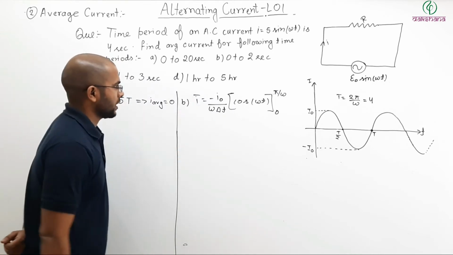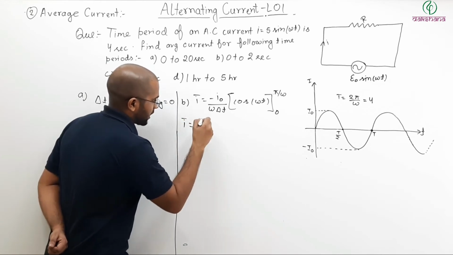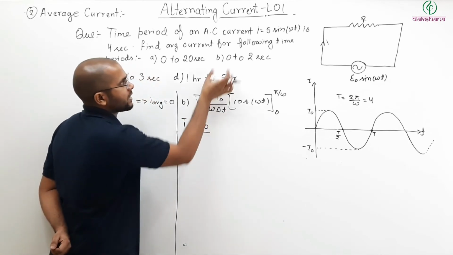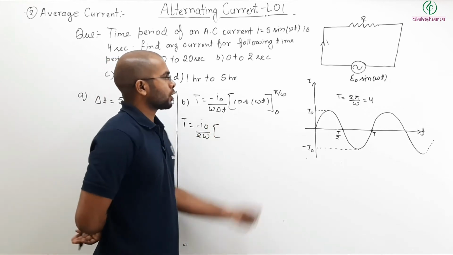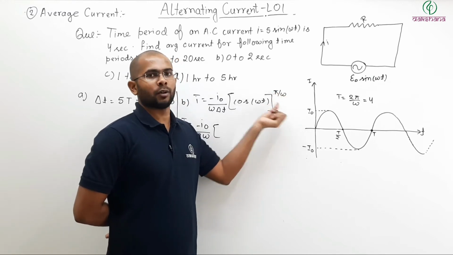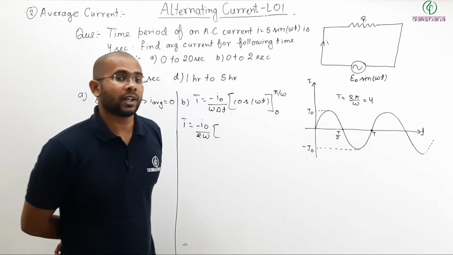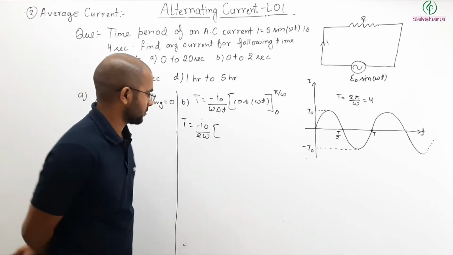Now what will be I average? I average is nothing but I naught divided by delta t, which is already 2 second, so twice omega, times cos of omega t, and what is t? Pi by omega. Omega cancels, cos pi. What is cos pi? Cos 0 is 1, cos pi is minus 1.